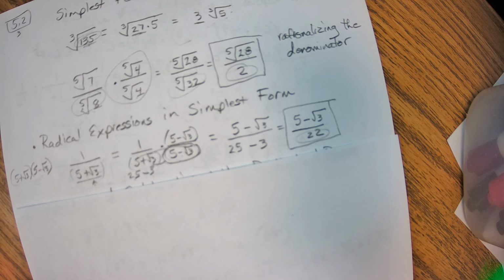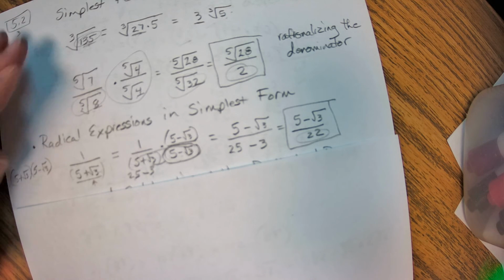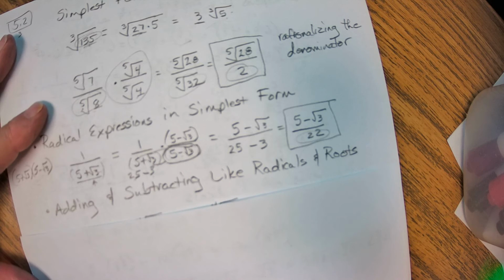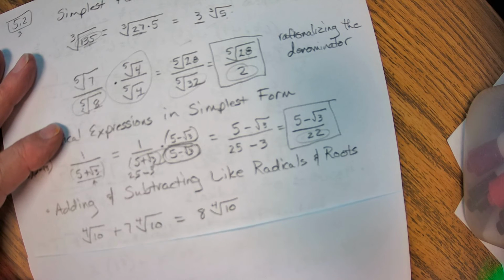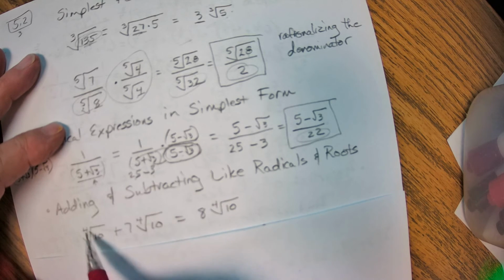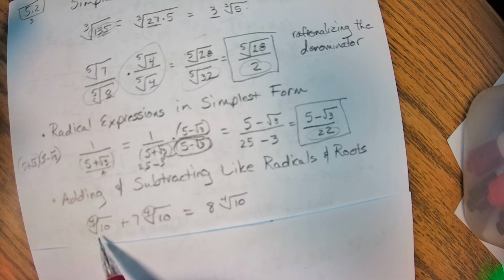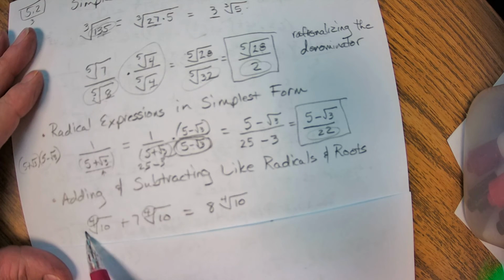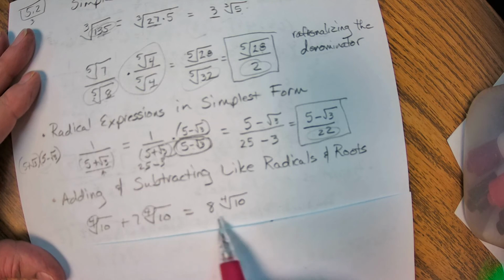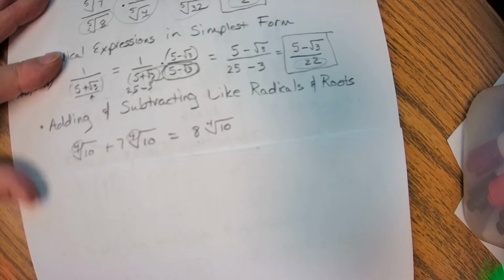Seems like a lot of work, seems a little complicated. It's not. You'll get used to it. It'll get easier for you. So adding and subtracting like radicals and roots, you can only add and subtract if the index numbers are the same. And then it's just like, I don't know, treat it like a variable. You have one of them, somebody gives you 7 more, now you have 8 of them.